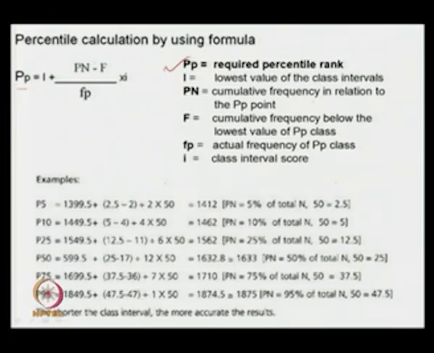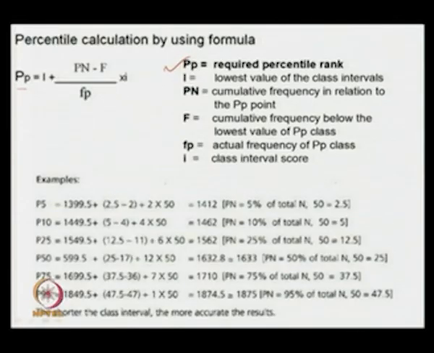Plus 2.5, which is the cumulative frequency in relation to the Pp point; we want 5. In that table we have calculated multiplication by 2 from cumulative frequency to percentage frequency. So, 5 divided by 2 is 2.5. Below that class only 2 are there, so 0.5 level we have to go, divided by Fp.